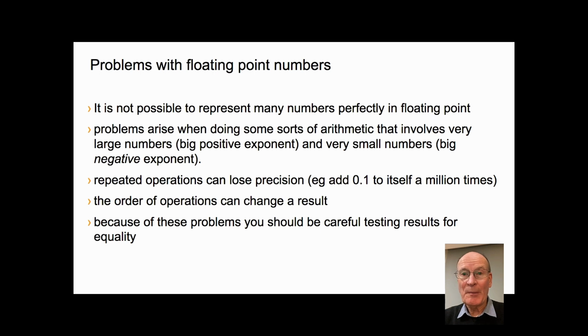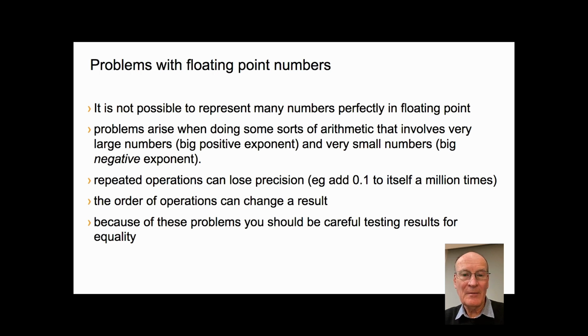Another thing that can cause a problem is the order of operations. You do the operation one way, do the addition, then subtraction, multiplication, whatever, and you do it a different way, and you might come up with different results. And often these differences are only really tiny, but a very common mistake people make is to do two different calculations and compare the results to see if they are the same.